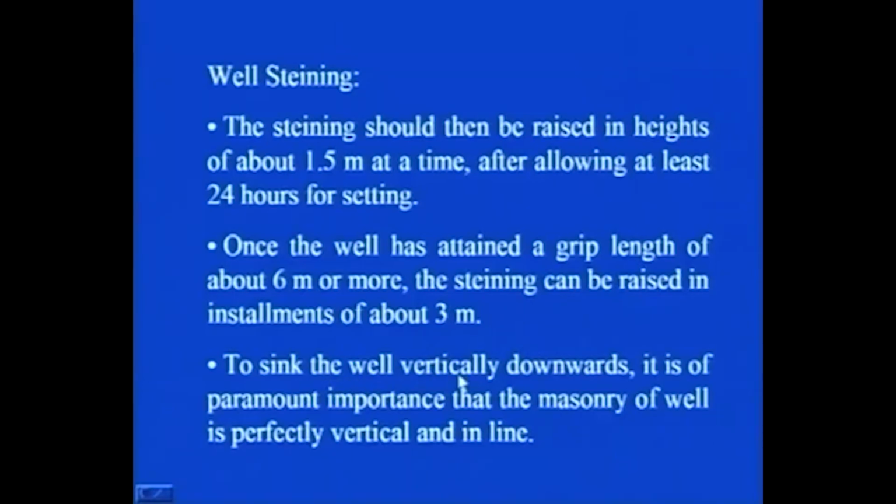Now, to sink the well vertically downwards, it is of paramount importance that the masonry of the well is perfectly vertical and in line. So, we need to keep a check that when you go for the construction of well steining, first, it should not be too high at the first instance when the grip length is less, and when the grip length is more than 6 meter or so, then you can go in installments of 3 meter height of well steining.